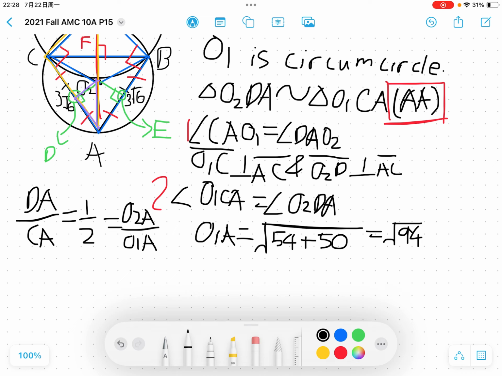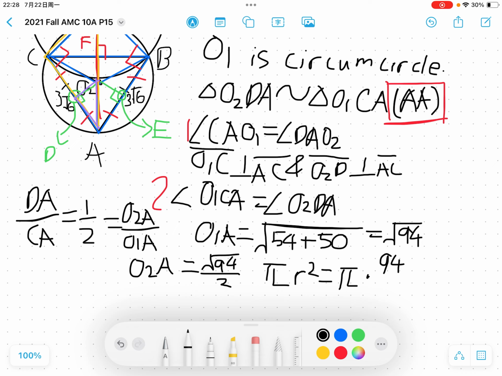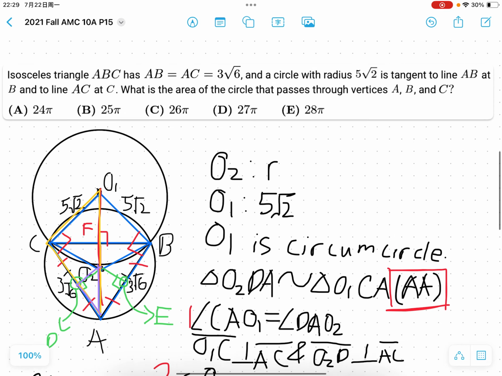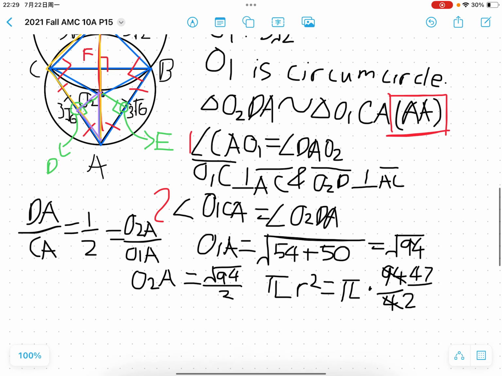If O1A is root 94, we have O2A equals root 94 over 2. So we already have the radius, so the rest is just applying the area formula. So pi r squared would give us pi times 94 over 4. If we simplify the fraction, we have 47 over 2 pi.